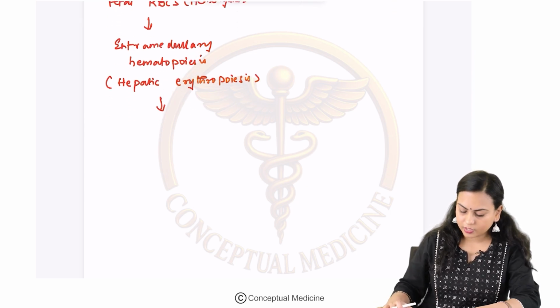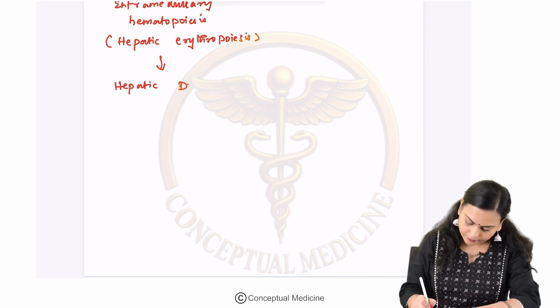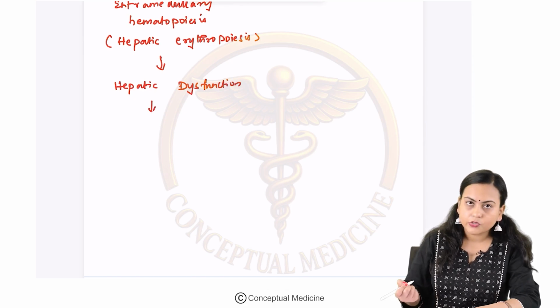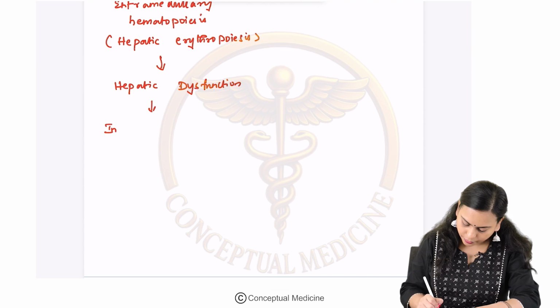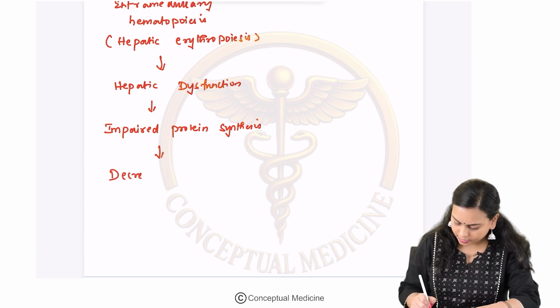So, because of the increased erythropoiesis in the liver, there is hepatic dysfunction. So, there is impaired protein synthesis. So, there is a decreased plasma oncotic pressure.